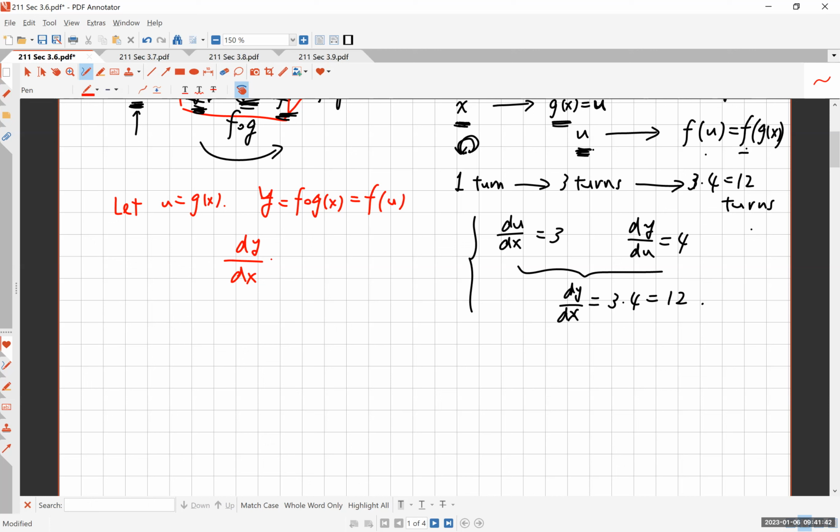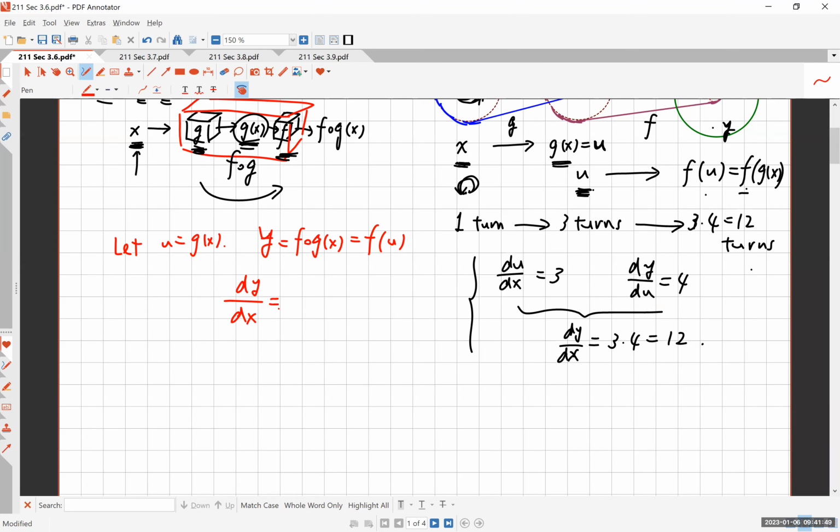So what I have concluded by the picture in this chain is that dy dx is the product of dy du times du dx. This is the derivative of the first part, and this is the derivative of the second part, and you multiply together. This is called the chain rule.